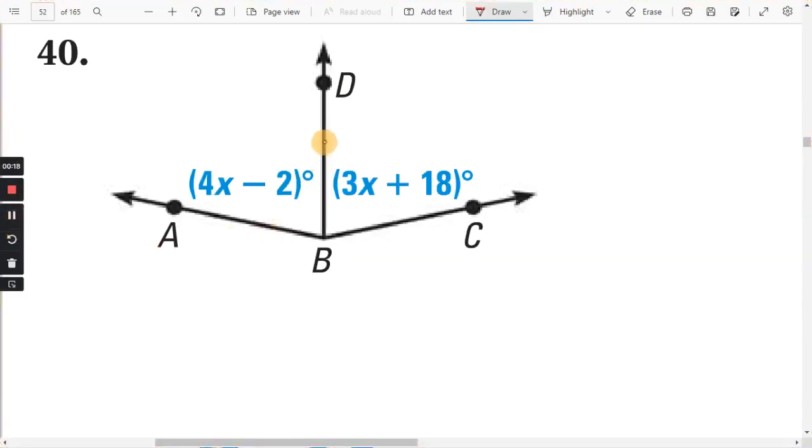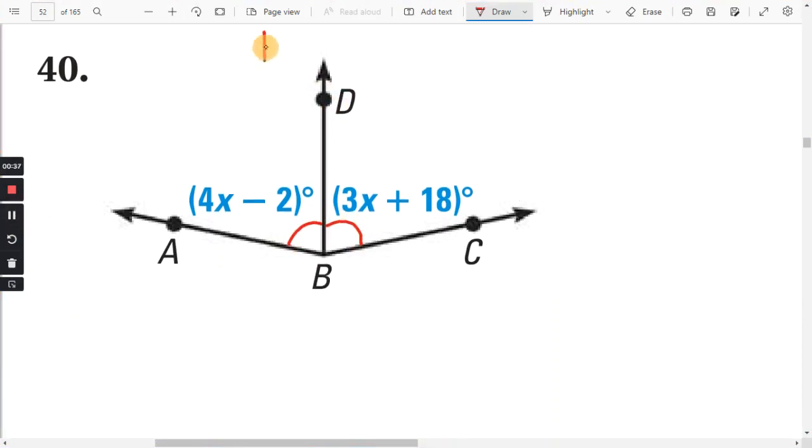So let's look at number 40. They said ray BD bisects angle ABC. Bisect means to cut in half. So we know that this angle is congruent to this angle. So ray BD bisects the whole thing.